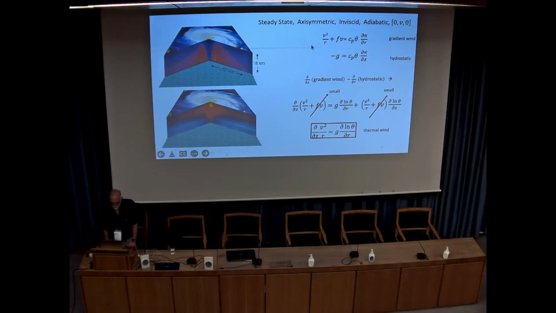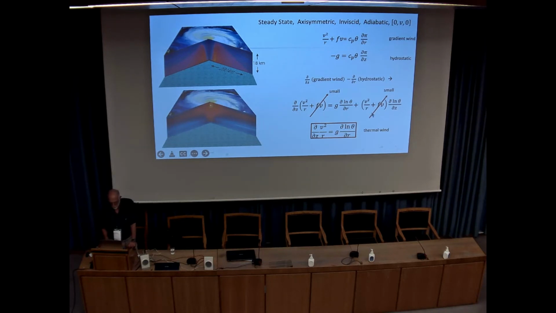The step here that I'd like you to try, you can try this at home. You can take the vertical derivative of the radial equation and the radial derivative of the hydrostatic equation, and take the difference between those two, and you get this equation here.